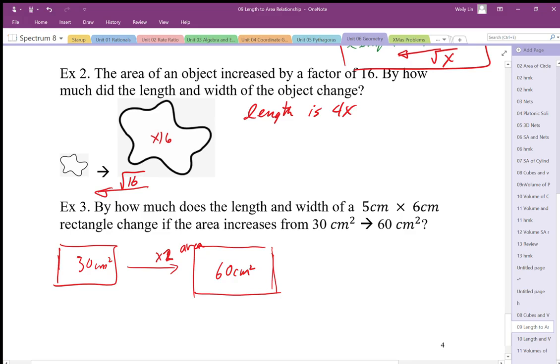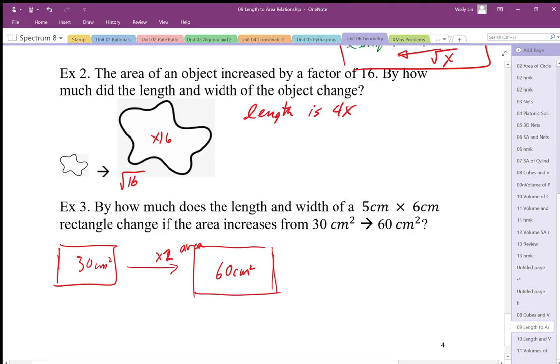Okay, so what is the length change? Well, if I multiply the area by 2, I need to figure out the length change from here to here. Okay? So my length change is going to be to do with the root of that.